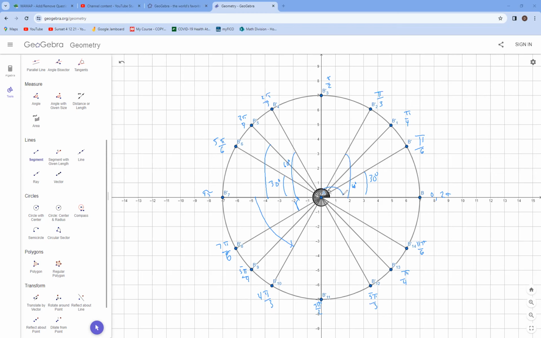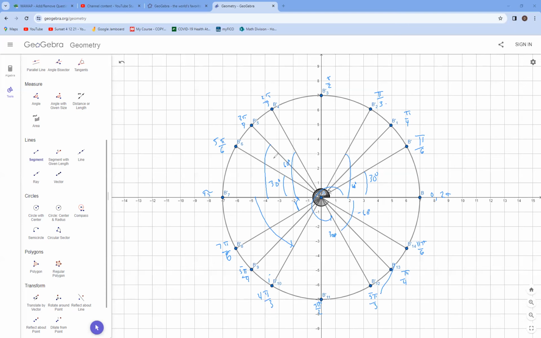If we go all the way around, it's 300 degrees. It's negative 60 degrees, but it's a pi over 3 angle back to the x-axis. So if you look at all the thirds, all the ones with the 3 on the bottom, they correspond to a multiple of 60, with the exception that pi is 3 times 60, which is 180 degrees.